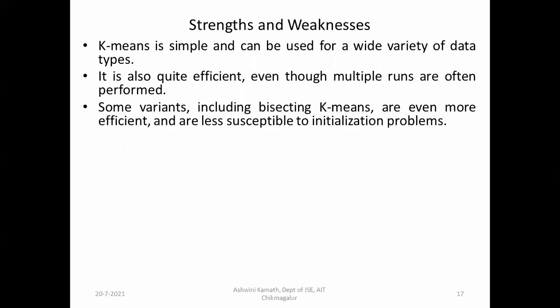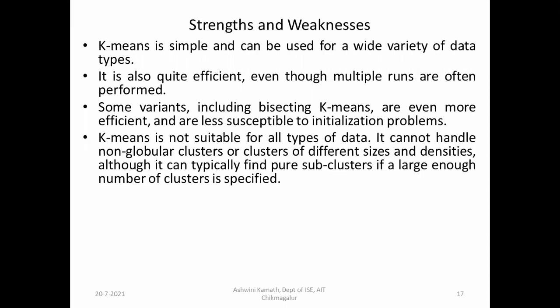Some variants of K-means, for example bisecting K-means, are even more efficient and are less susceptible to initialization problems. Even if you make some mistakes while initializing the centroids, bisecting K-means is efficient at finding the natural clusters.